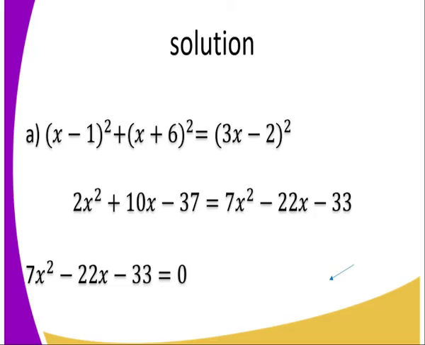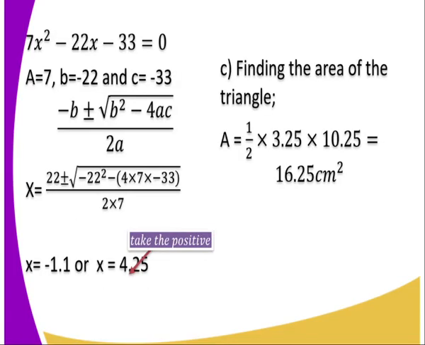So in that case, we have 2x squared plus 10x minus 37 is equal to 7x squared minus 22x minus 33, which gives 7x squared minus 22x minus 33 is equal to 0. Already you have shown what you are supposed to do. After that, we find the value of x.